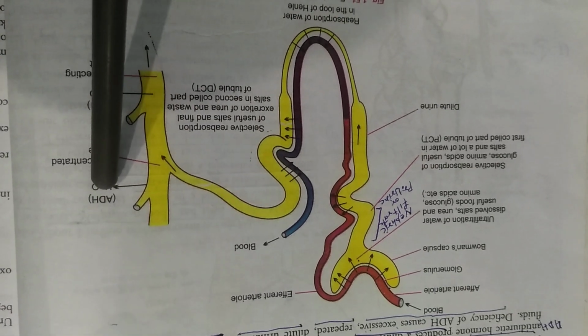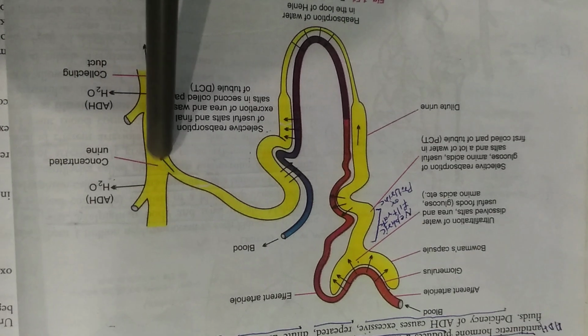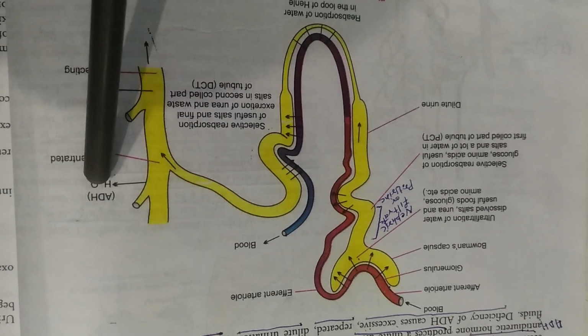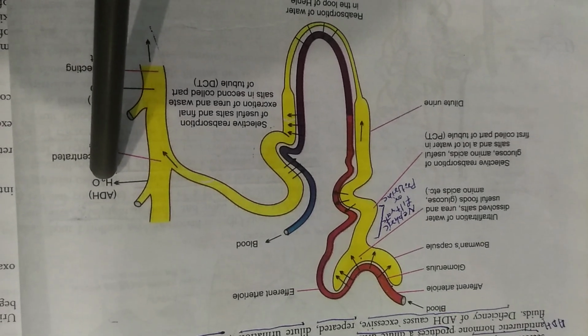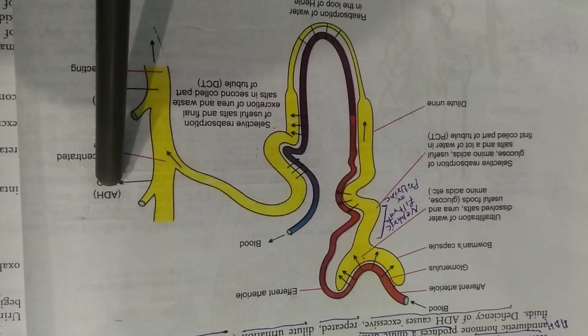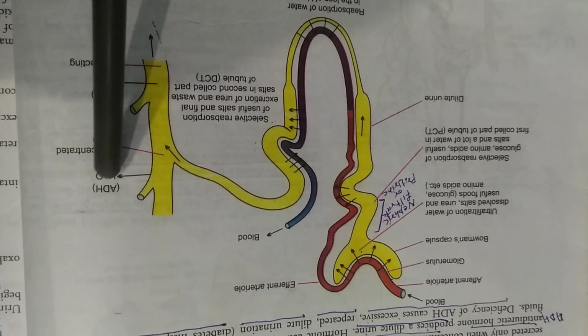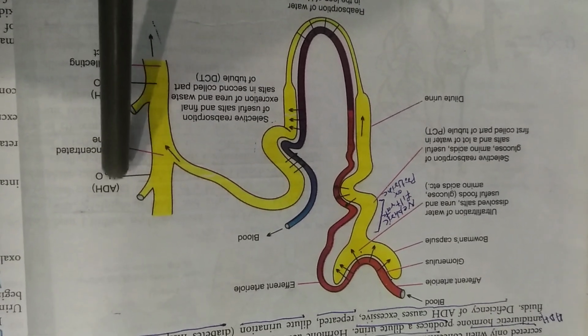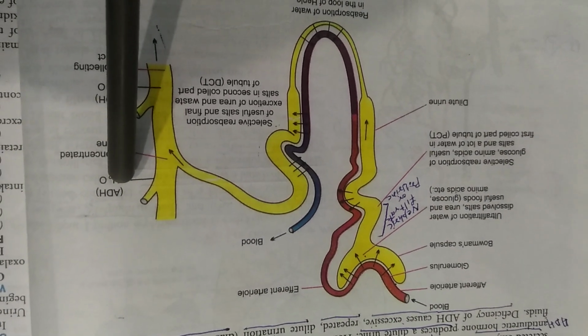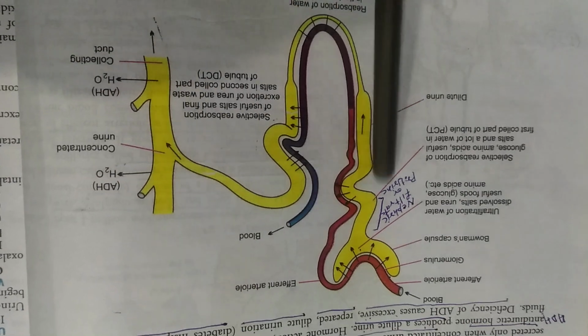The hormone is secreted only when concentrated urine is to be passed out. It is not secreted when a lot of water is taken. Absence of this ADH produces a dilute urine. Deficiency of ADH causes excessive repeated dilute urination, that is called diabetes insipidus. These are about the mechanism of urine formation.